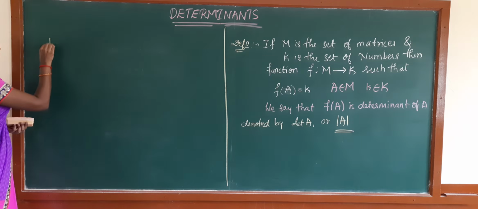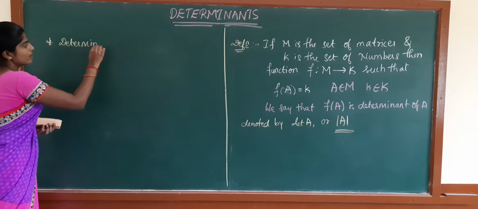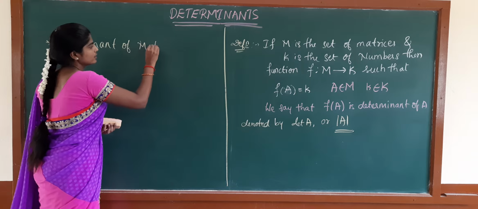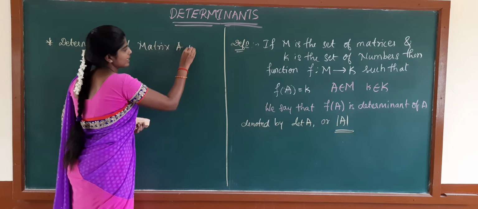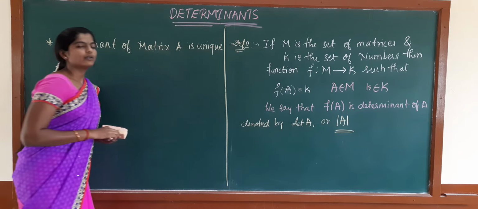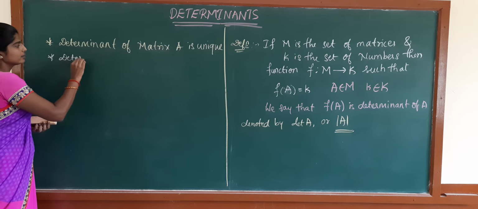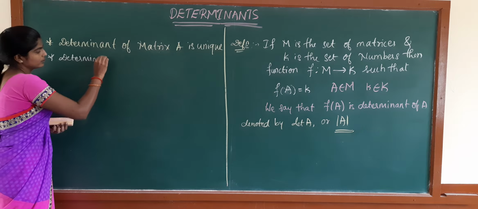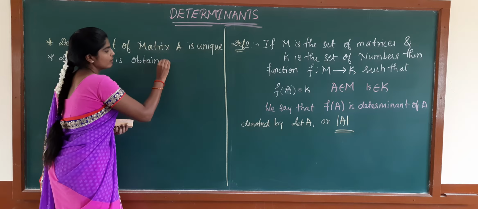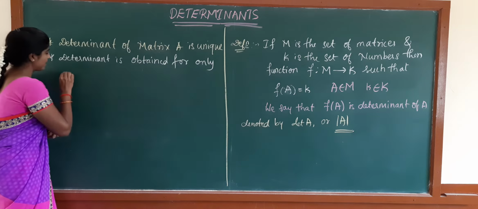The determinant has some properties. The determinant of a matrix A is always unique. The determinant is obtained only for square matrices.